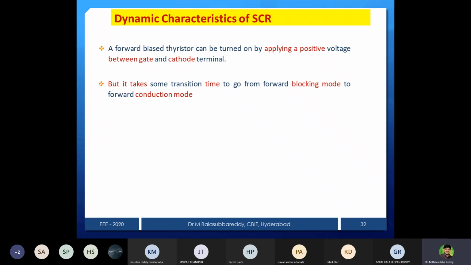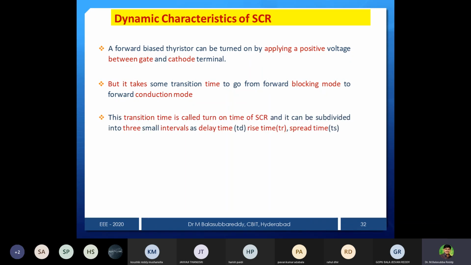Why? Because the device is already in the off state, that means it is in forward blocking mode. That means the outer junctions are forward biased, only the inner junction is reverse biased. You need to break the inner junction to conduct the SCR.